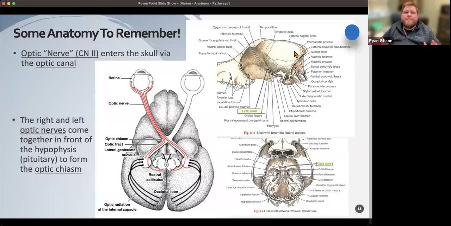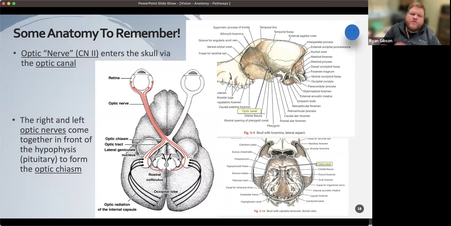So now we're going to take that retina and bring the light in and bring that signal from the retina into the brain so that we can process it. Couple little anatomy things to throw back at you. The optic nerve, i.e., not a real nerve, travels via the skull through the optic canal, right?